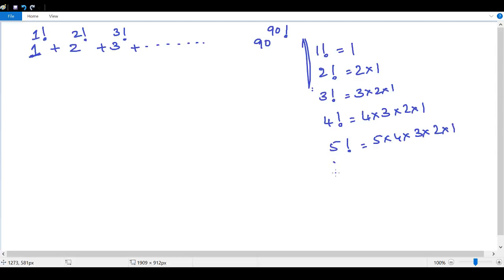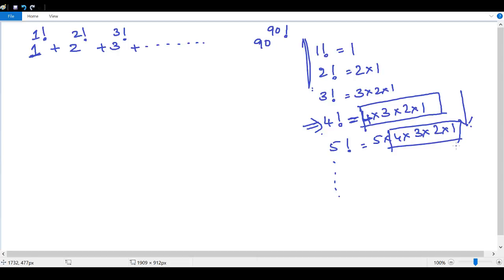And so on, it keeps going. Once you touch 4 factorial, it is a multiple of 4. Beyond 4 factorial, it will remain a multiple of 4 always, no matter what number you go.